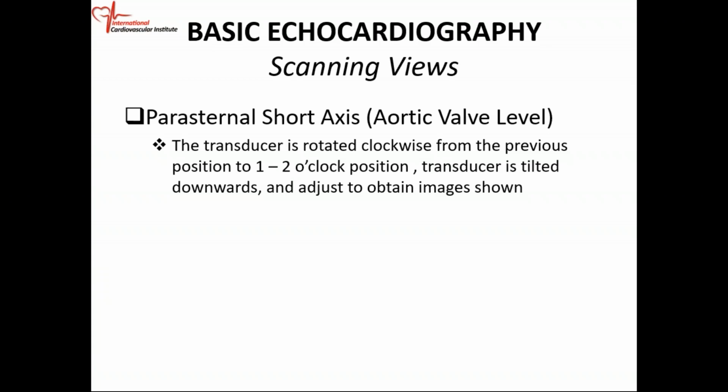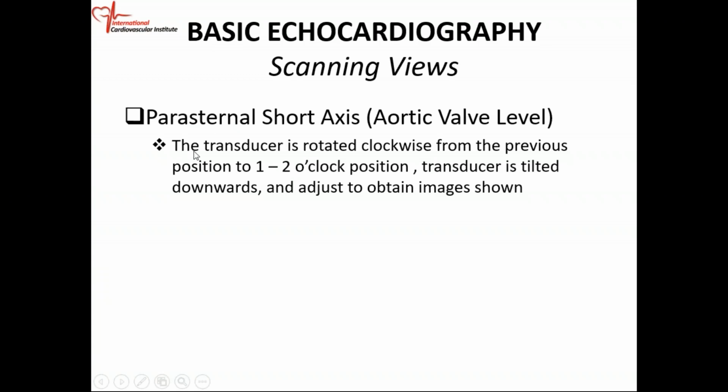It's very fine, precise, careful movements. If you don't have good skills with your hands, you're not going to be able to do echo. It's fine, deliberate movement. So everything starts from the parasternal long axis view.